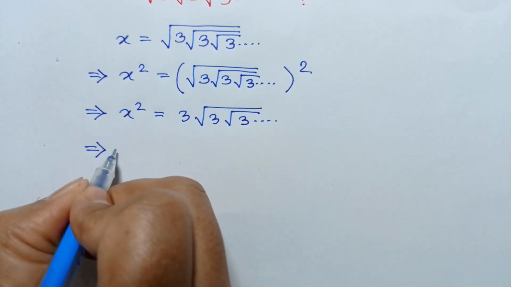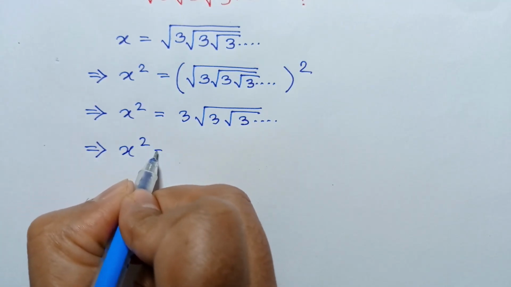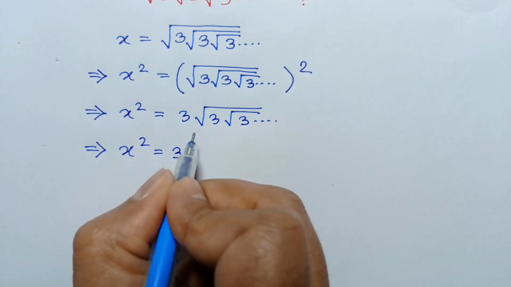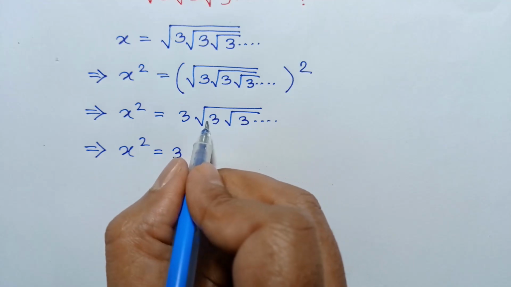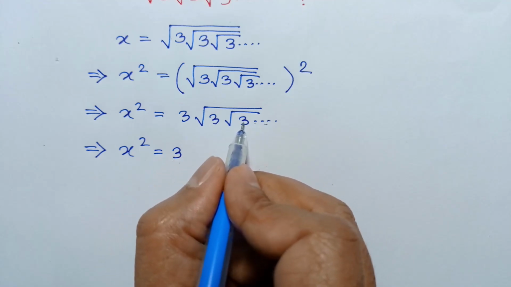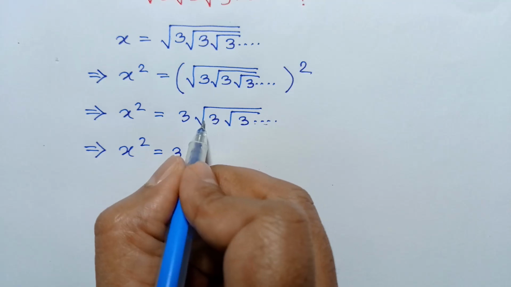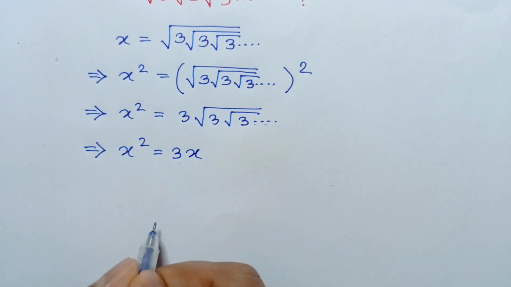So x² is equal to 3 times √(3√3), and this is x, so we can replace this term with x.